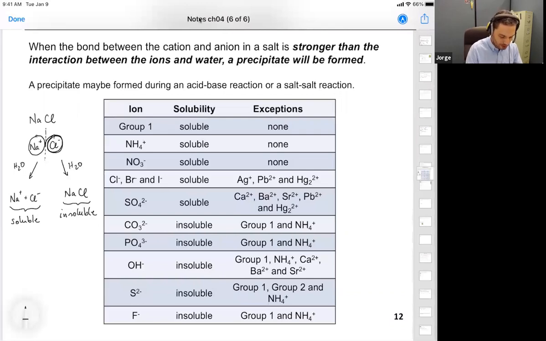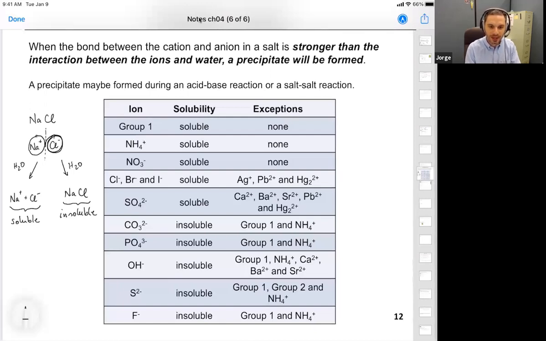So let's look at the first row of the table. If we have ions from the group 1, the first group of the periodic table, that will yield salts that are always soluble in water. And there are no exceptions for salts from group 1.